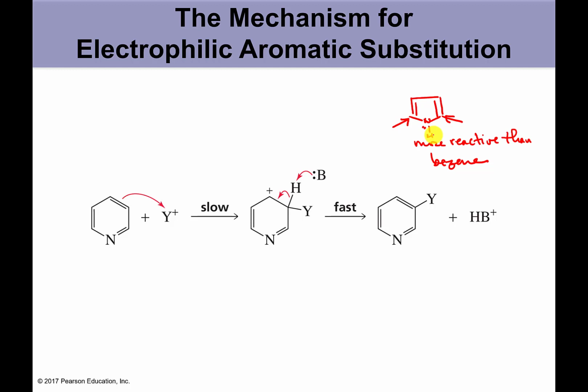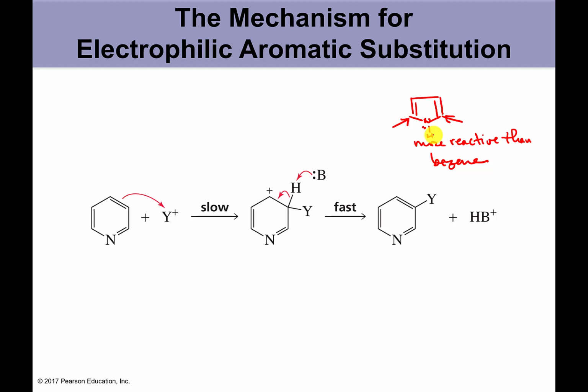When we talked about substituted benzene, electron donating groups tended to be ortho-para-directing groups, especially if it had the lone pair. And so we see similar behavior for electrophilic aromatic substitutions of pyrrole, but we also see it in pyridine.